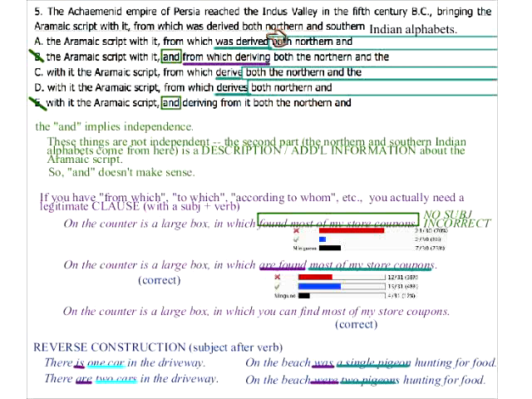You would actually want was derived. I mean, you would want were derived, but you would want that tense. On the other hand, you could also take the perspective of, hey, these are alphabets that still exist. So I can speak about them in the present, to emphasize that these are existing items, but I'm talking about their origins. So in that case, from which derive or derives would make sense.